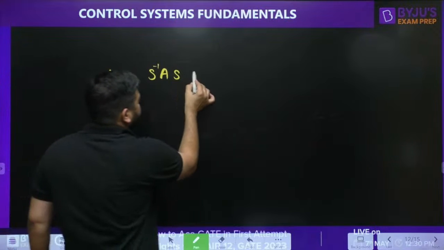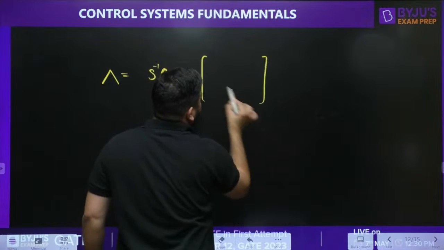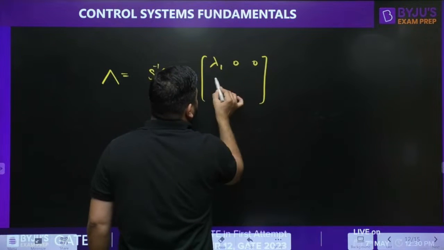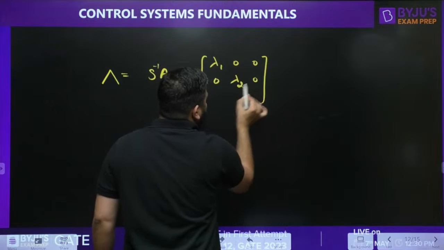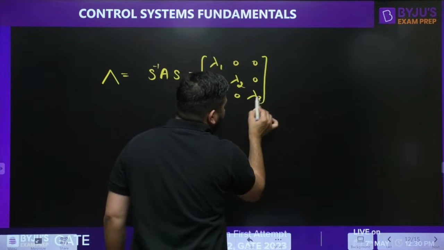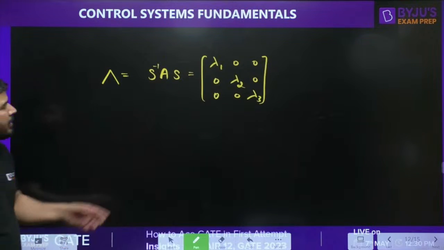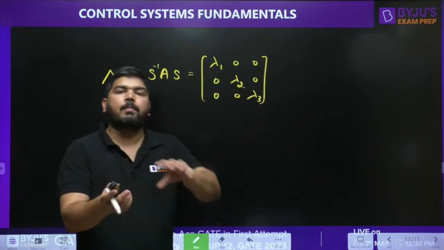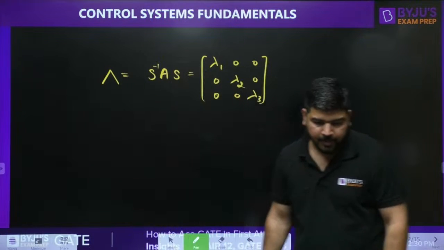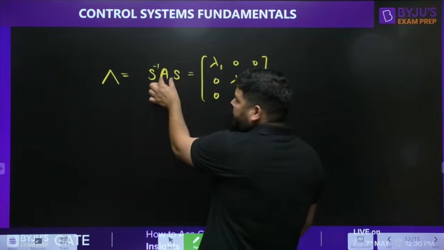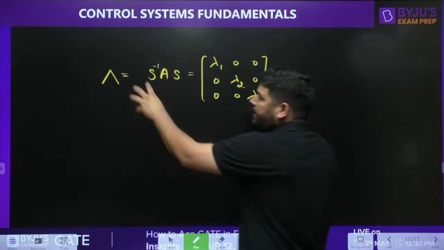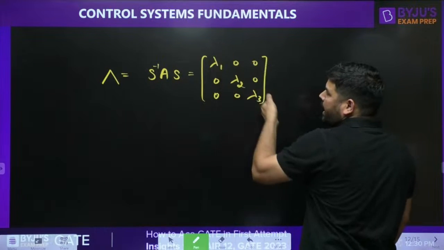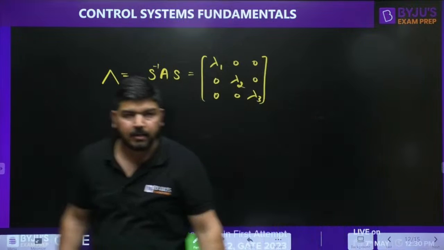And let me tell you guys, the answer will be lambda 1, 0, 0, 0, lambda 2, 0, and 0, 0, lambda 3. It means if you are transforming the matrix A into its diagonal form, if you are applying similarity transformation, and if you are diagonalizing a matrix A, then that diagonal matrix will contain the eigenvalues on its principal diagonal.